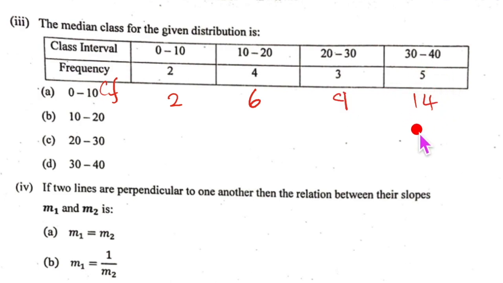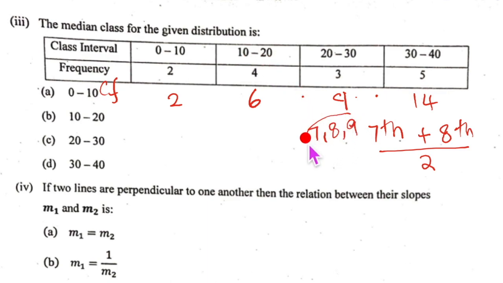Now total is 14, which means our median is the n upon 2th term, which is the 7th term, plus the n upon 2 plus 1th term, that is the 8th term, upon 2. Up to 6 is this class interval, and the 7th, 8th and 9th terms are here in this class interval. So this becomes our median class. So where is 20 to 30? Here. So the option is C, that is 20 to 30.